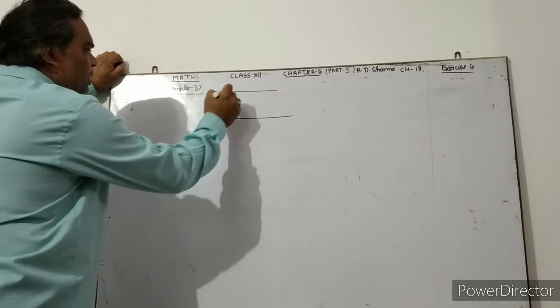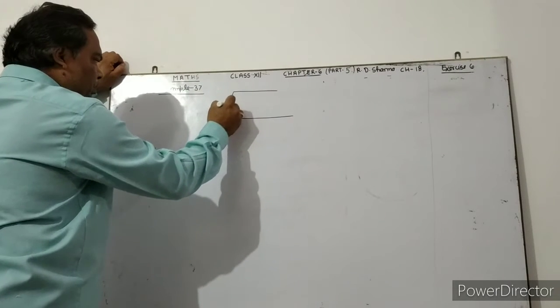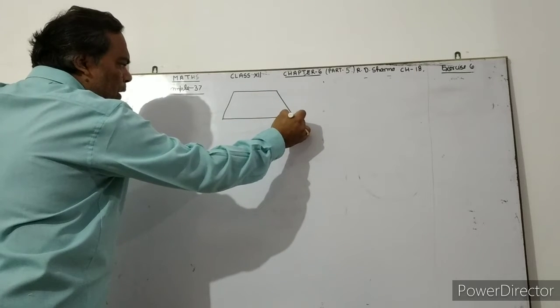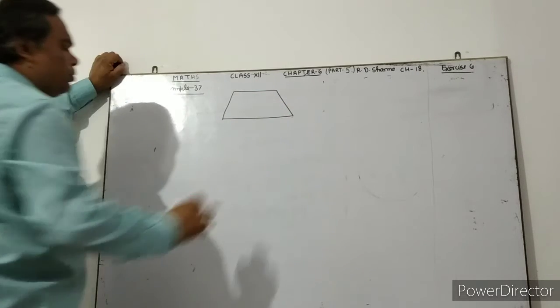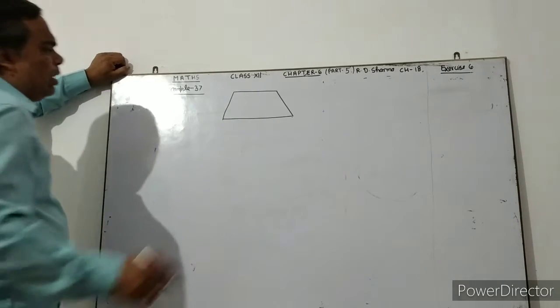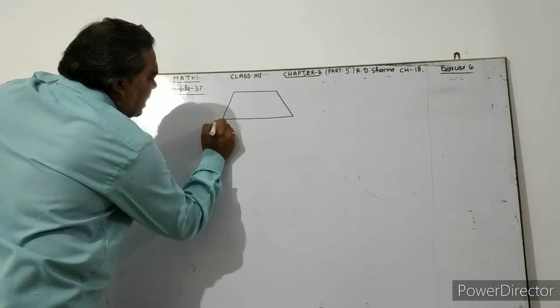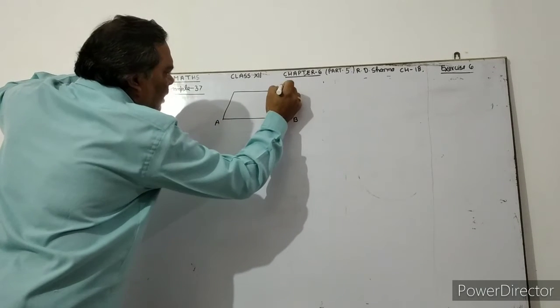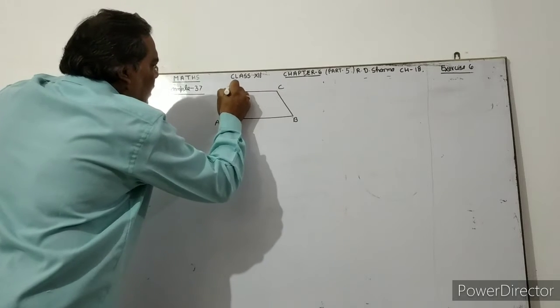This is the trapezium, and the base, the other sides of the trapezium other than base.